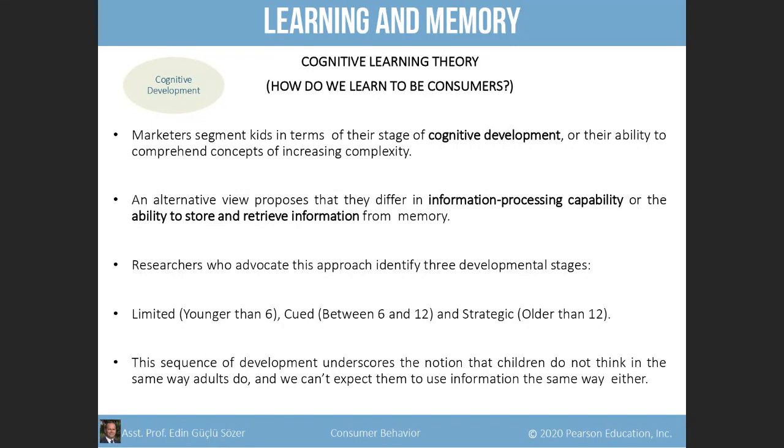The third factor is our cognitive development process. Generally, we have three development stages in terms of cognitive information processing capability. The ability to store and retrieve information depends on the age we are.